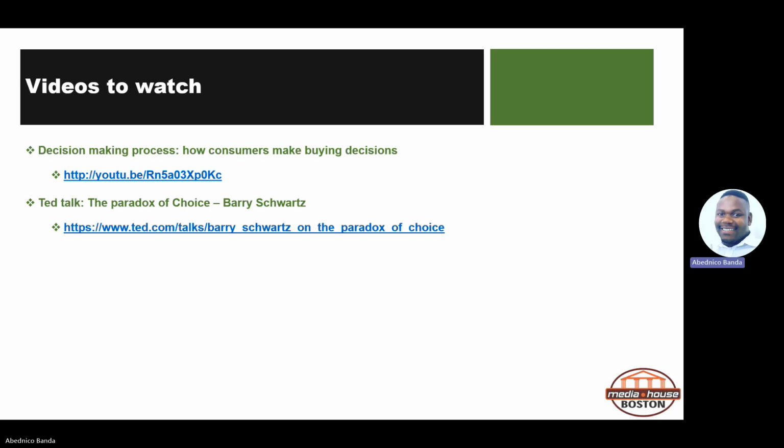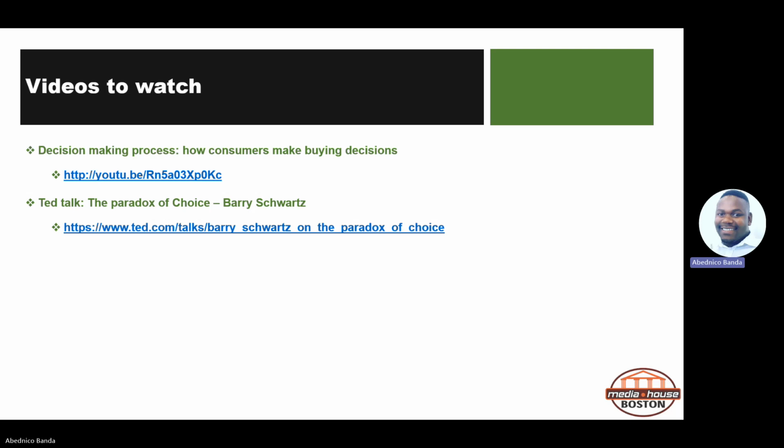Then the fourth one will be the actual buying decision. Once you've evaluated all the available options, you make a choice: this is what I'm going to get. Then after getting whatever you decide to get, you use it, and you have what we call post-purchase evaluation. Sometimes you do not follow those steps.